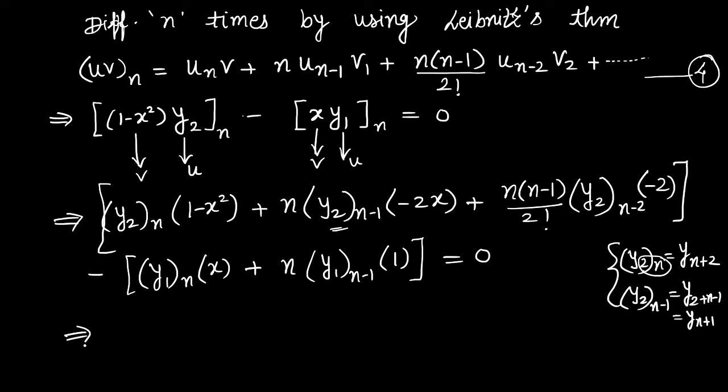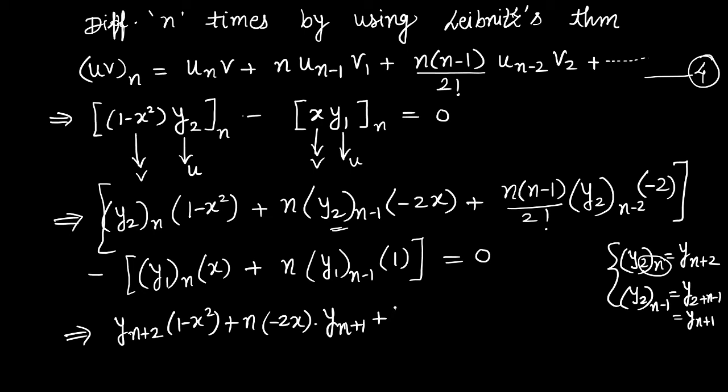In this way we simplify this. Therefore y2 its nth derivative means yn plus 2, then 1 minus x square, plus n. Here the second term y2 its n minus 1, with minus 2x outside, then yn plus 1.